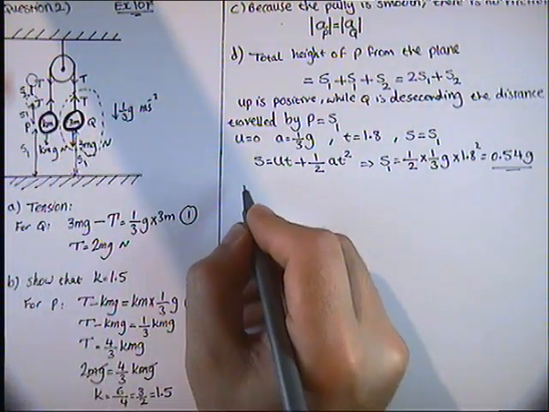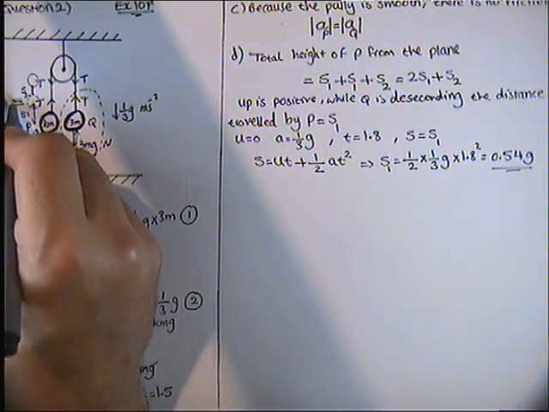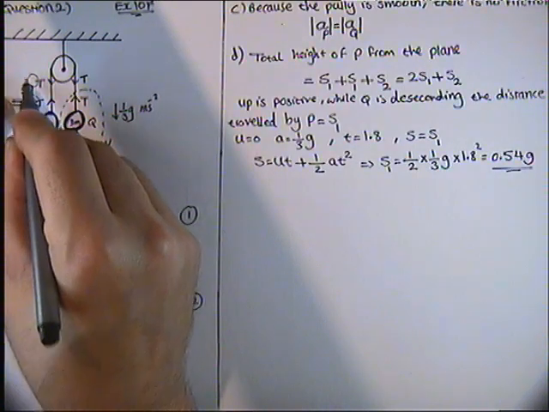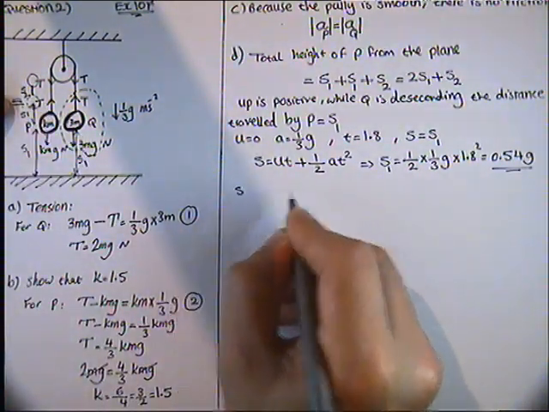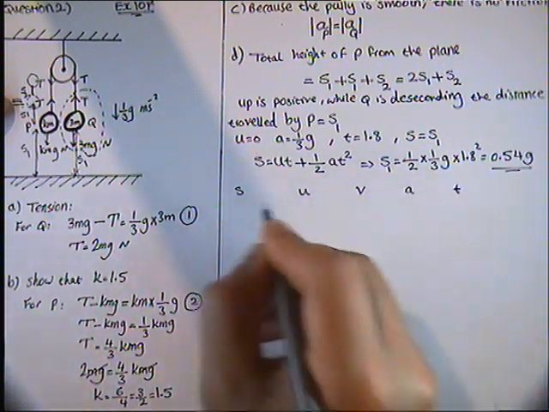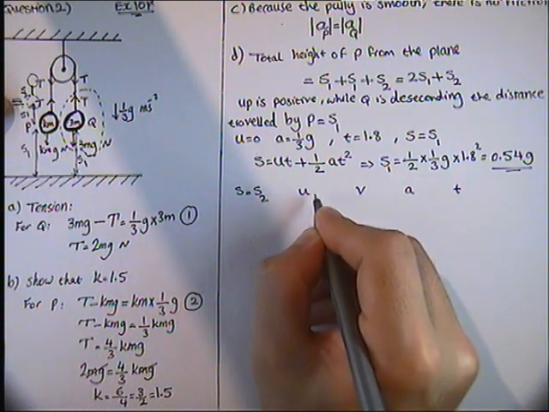However, we need a few things here. After this point, I'm writing the information from this point to this point. S U V A T. We want to calculate S, which I call S2.